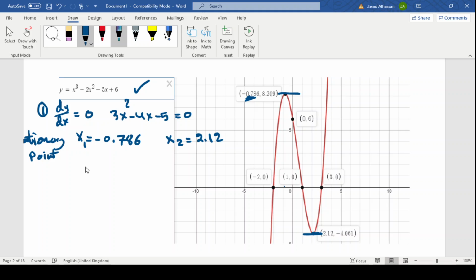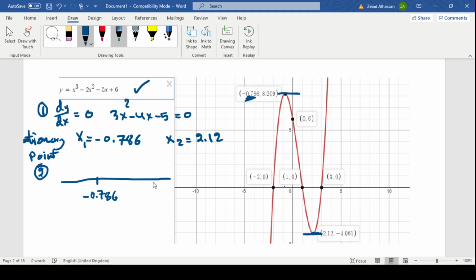Now finding increasing and decreasing intervals, we will plot a straight line and we will put the zeros of that quadratic function, negative 0.786 and 2.12, and then we will choose points between those values.